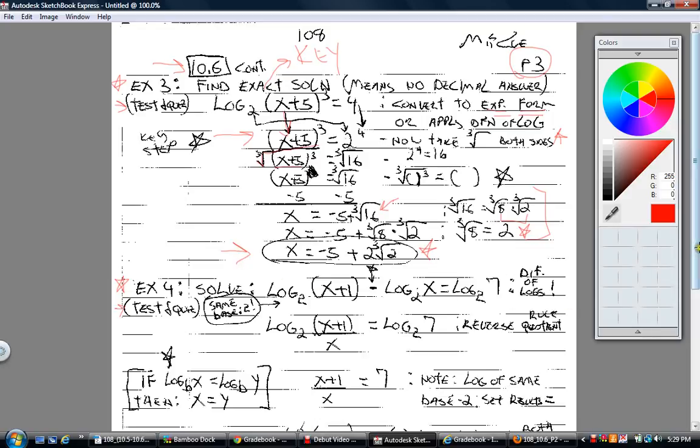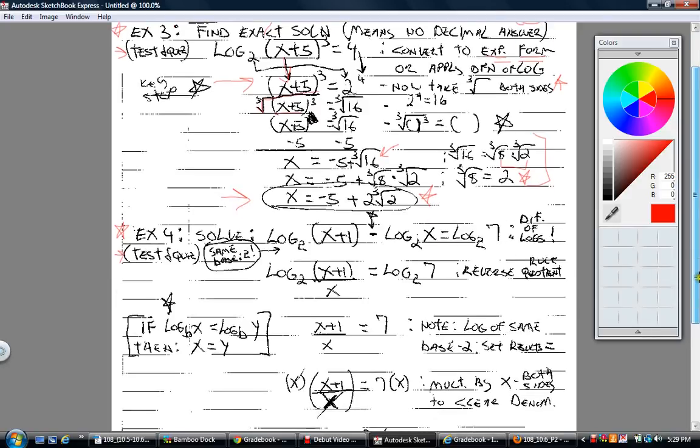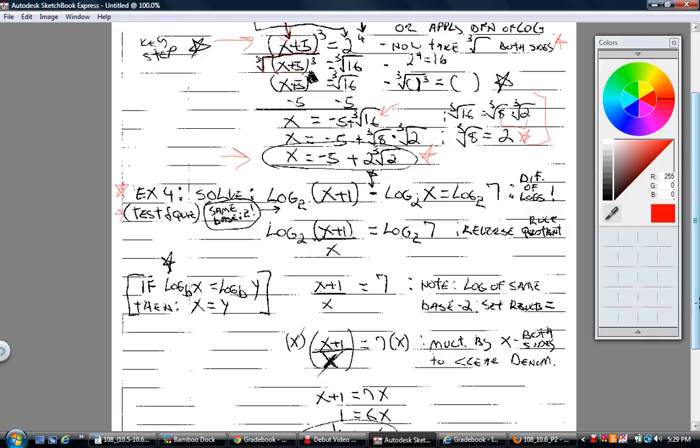Now we're going to try example 4, and holy moly, you don't have log just one time. Let's analyze the structure. You've got log base 2 on the left side of the equation, here and here, and log base 2 on the right side of the equal sign.